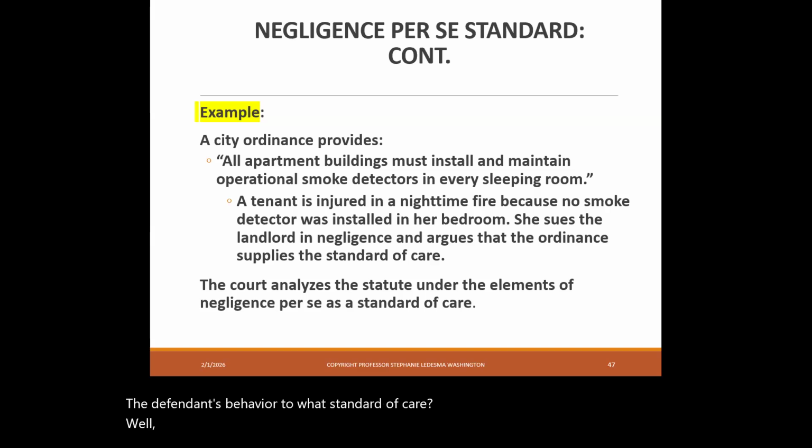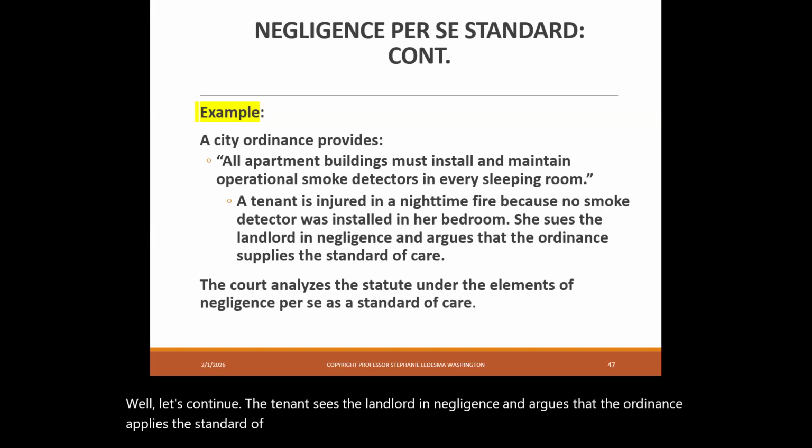The tenant sues the landlord in negligence and argues that the ordinance applies the standard of care. See? So we're trying to say, well, what would a reasonably prudent landlord have done?